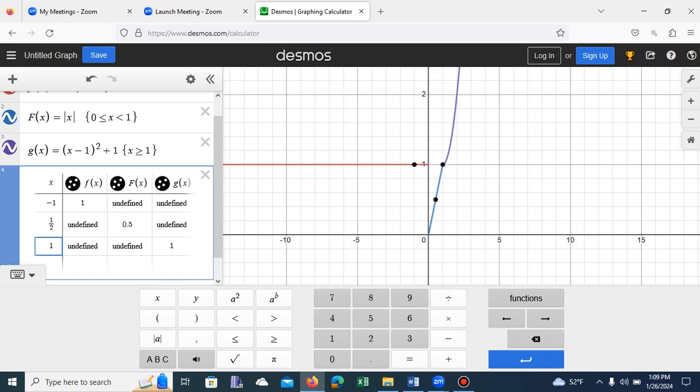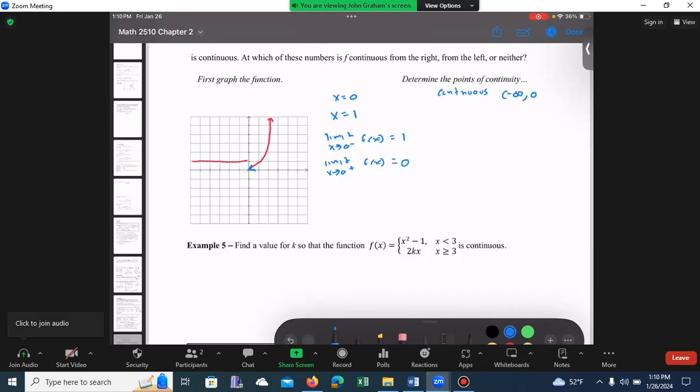So on here, we got 1. Okay, like this. So these limits are not the same. And again, this leads to a jump discontinuity.